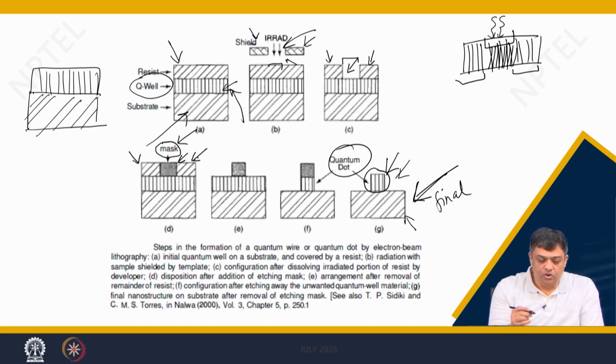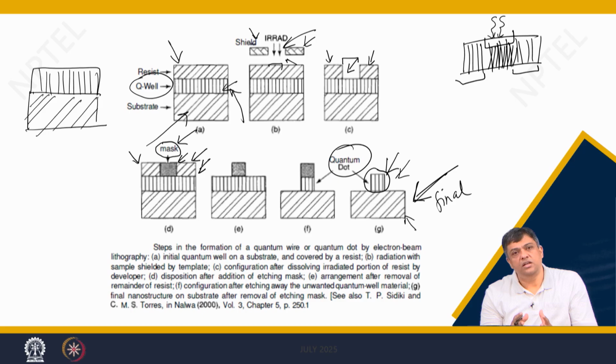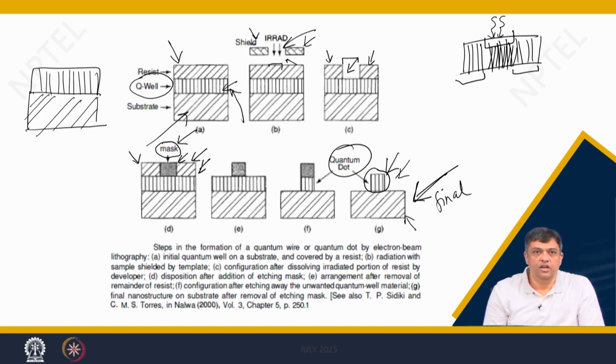Now, what you do? You remove the resist by using a developer or any kind of a solvent which dissolves the photoresist. So, now you have actually removed these two parts. So, now these two parts are gone, but the mask is still there.